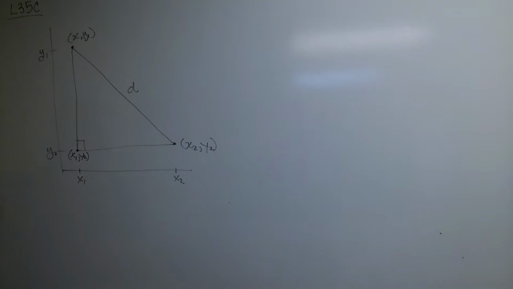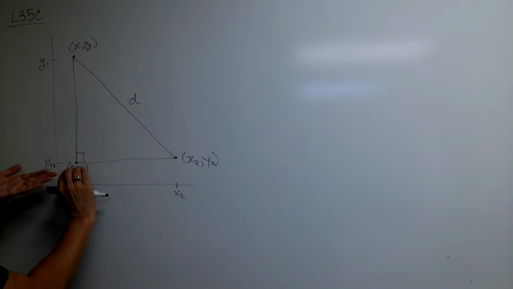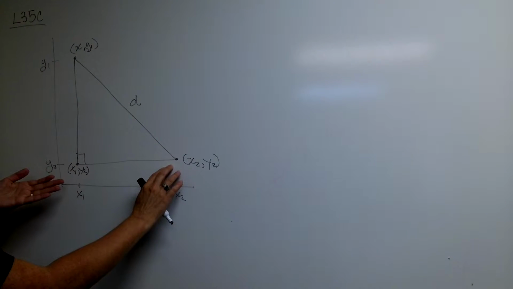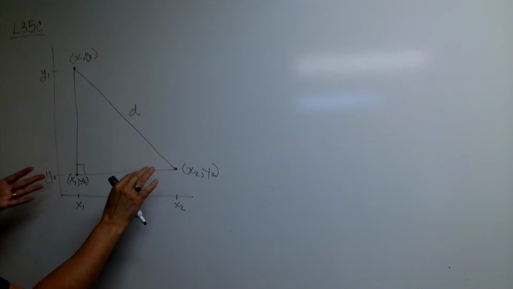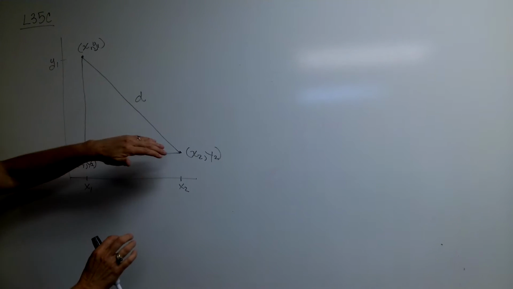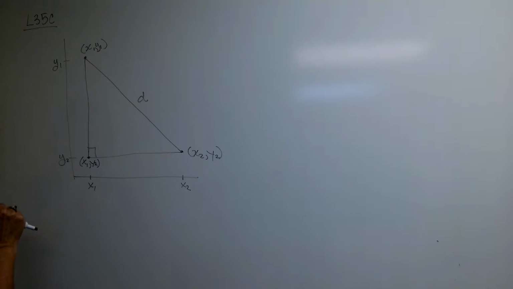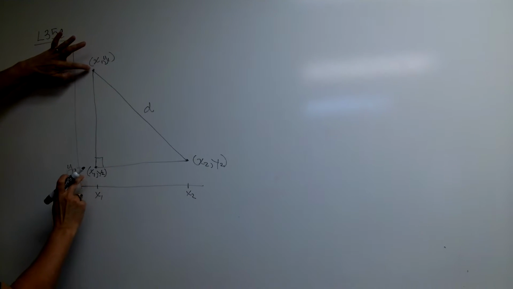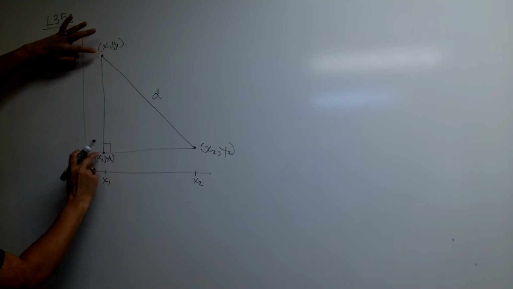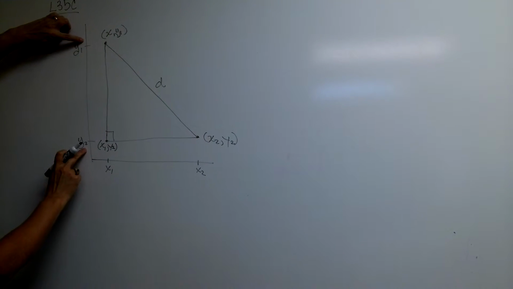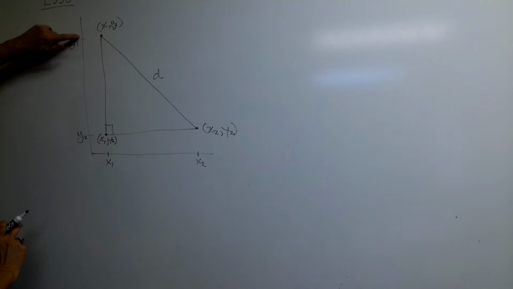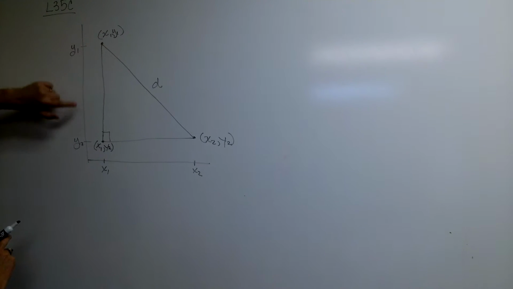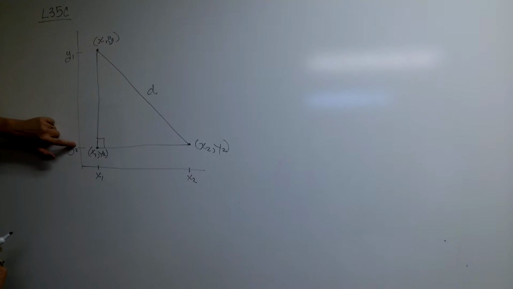Alright? So let's think about this for a minute. Pythagorean theorem says this leg squared plus this leg squared together has to equal the hypotenuse squared. So I need to know what the length of this leg is, and you can see right here, it is the distance between our y1 and our y2.